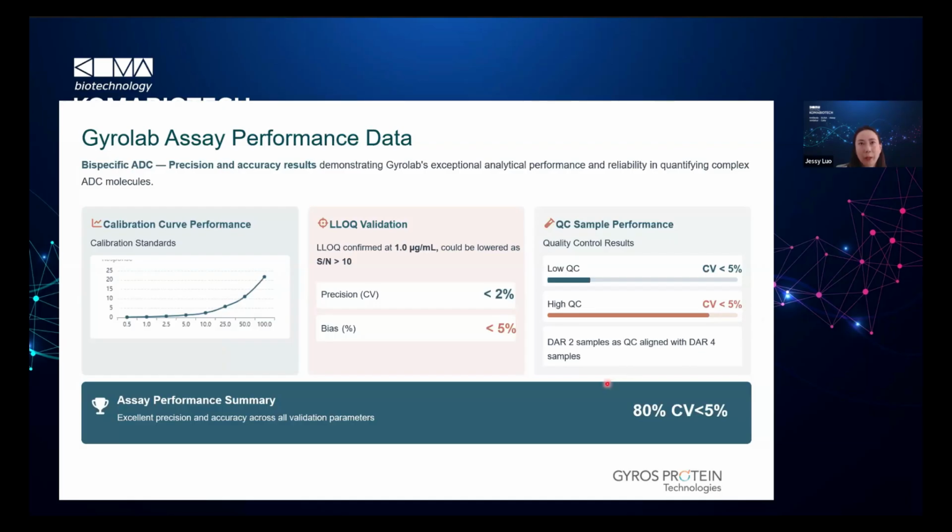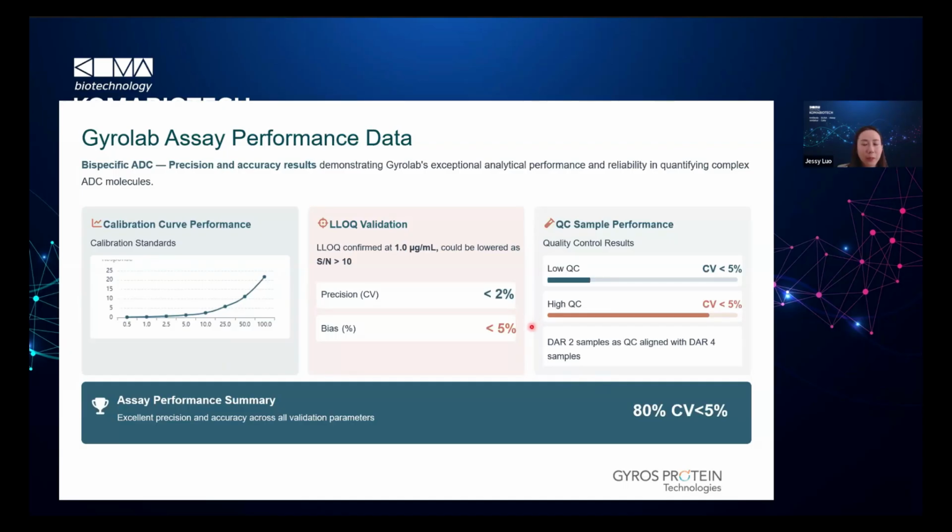Finally, they chose Gyrolab for their clinical phase 1 study, because random issues on other platforms make it quite risky to move forward with clinical study sample analysis. That's why they wanted a more robust platform and method on Gyrolab.